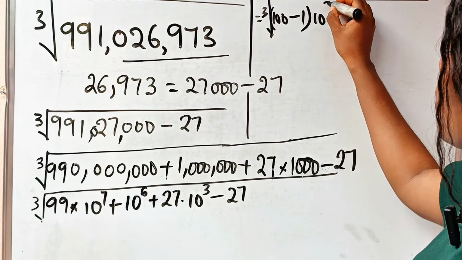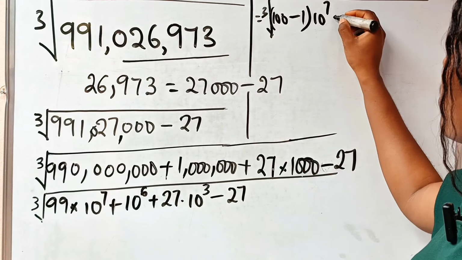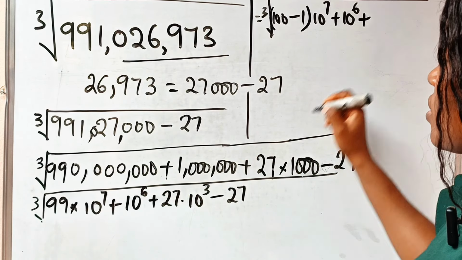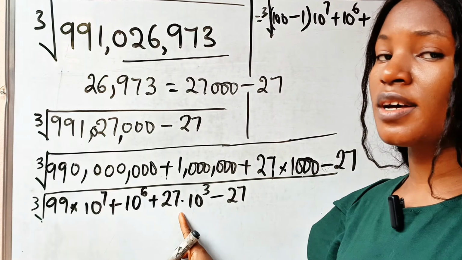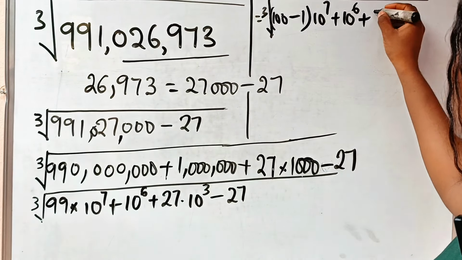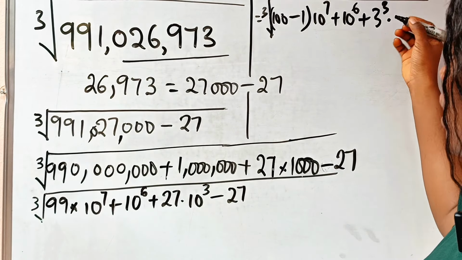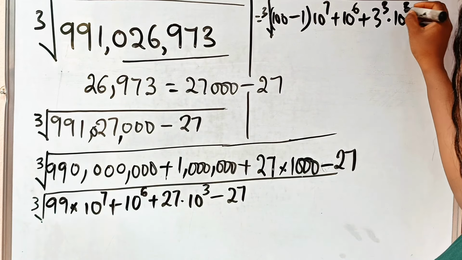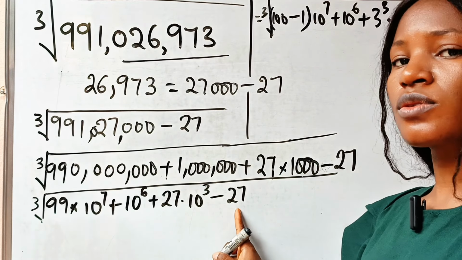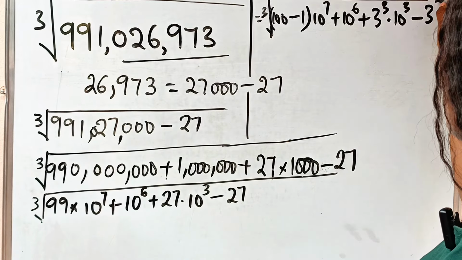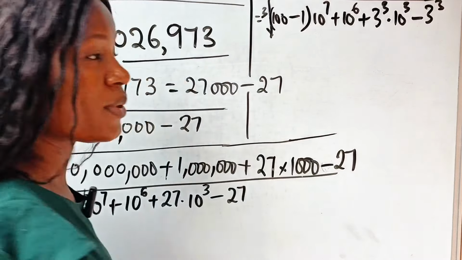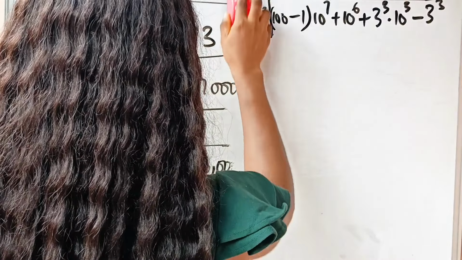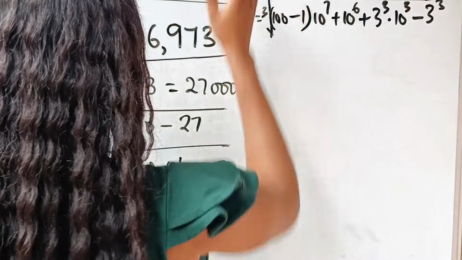Then plus 10 to the power of 6, plus 27, and note that 27 is 3 to the power of 3, multiplied by 10 to the power of 3, minus 27, which is also 3 to the power of 3. Hope you are following. Like I said, this is one of the most difficult simplifications I've done so far.